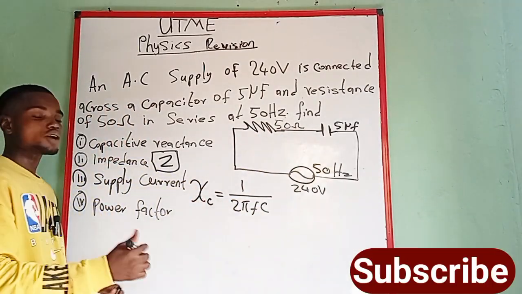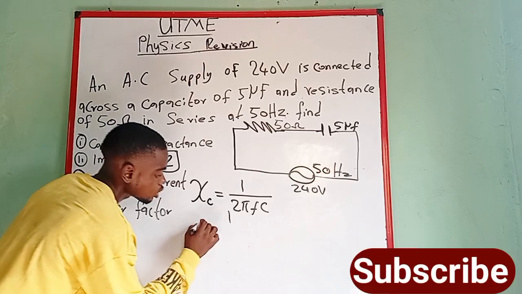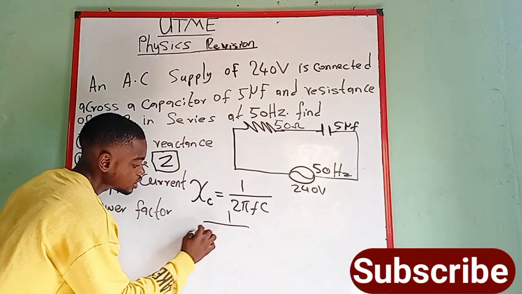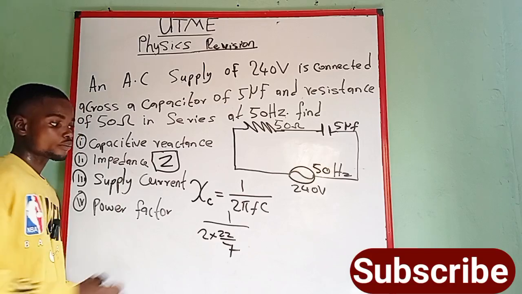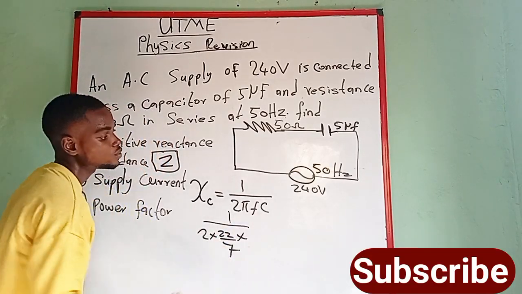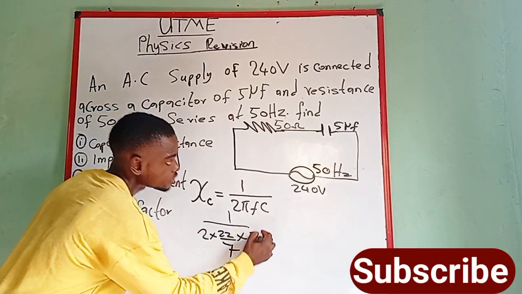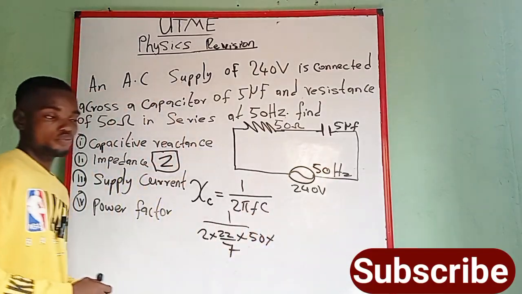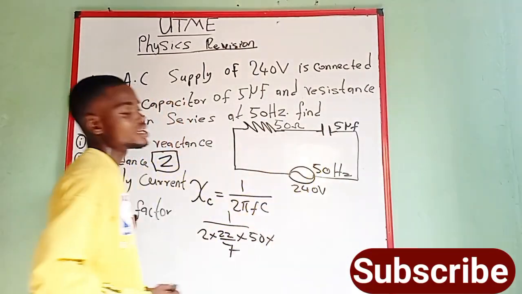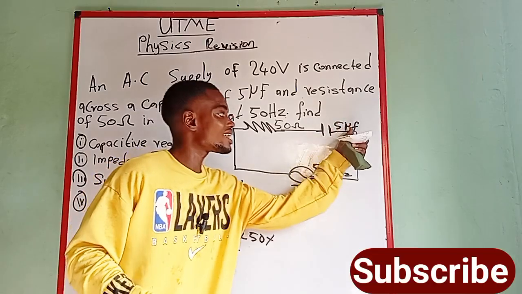So to find this, we are now going to put it as 1 all over 2 pi. We represent pi as 22/7. Now, frequency, which is 50 as we have it, multiplied by the capacitor. Capacitor is 5. Now, 5 microfarad.